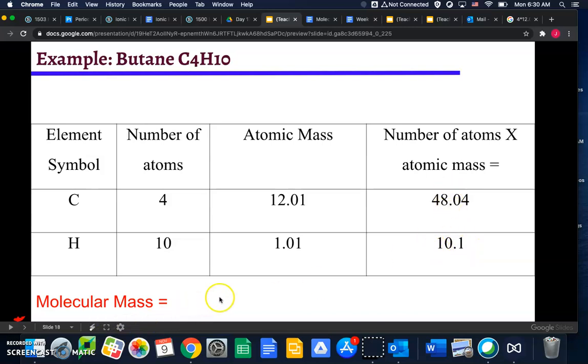So we add them together and we get 58.14 atomic mass units. And that's what we're going to be doing for each problem on here: we're going to count up the number of atoms, find the atomic mass, multiply the number of atoms by the atomic mass for each element, and then add up the total mass of each element to get the molecular mass.